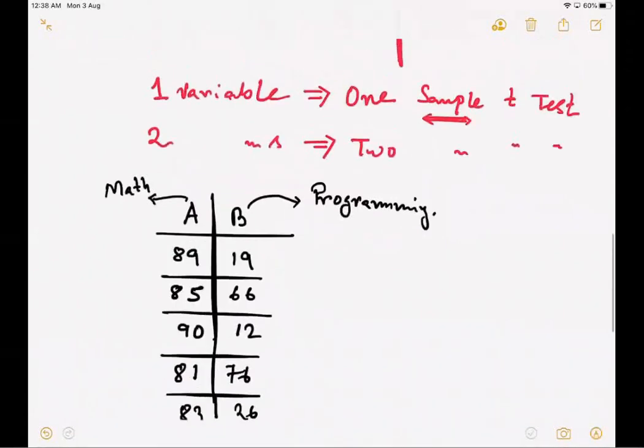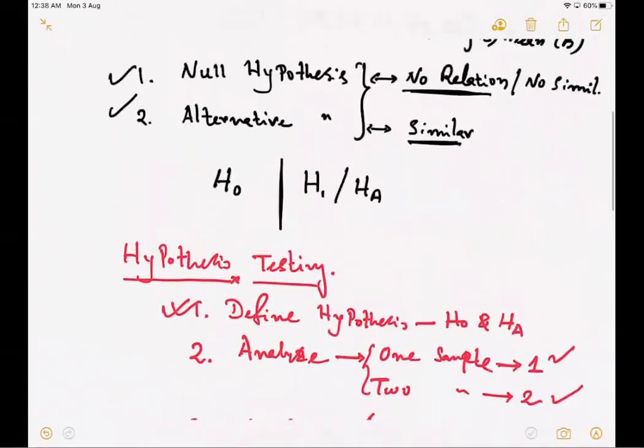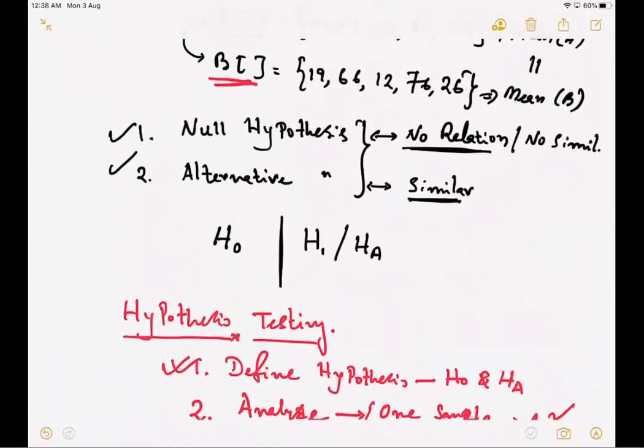Now here we have to remember how we are supposed to form the hypothesis. Once again, the null hypothesis will be defining there is no relation, whereas the alternative hypothesis will be defining that there is a relation between multiple data.